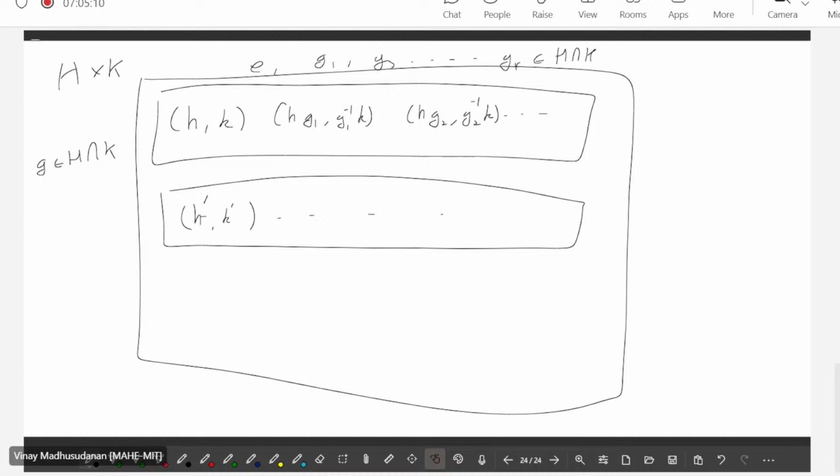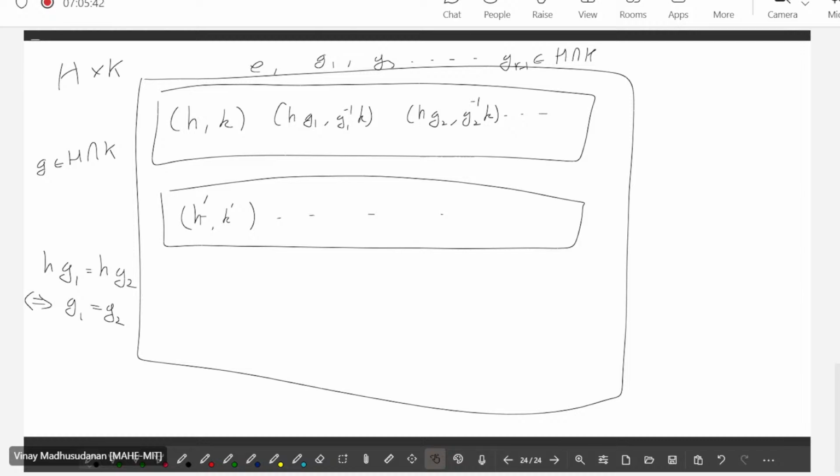Because of cancellation, you can apply cancellation on either component. If H G1 equals H G2, for two of them to be equal, each component has to be equal. Even if only the first component is equal, then by cancellation you get G1 equal to G2.